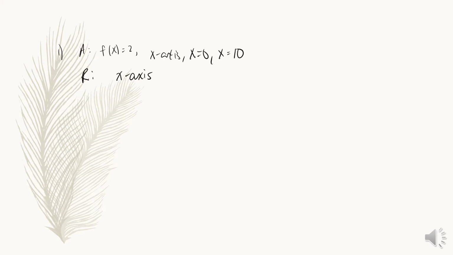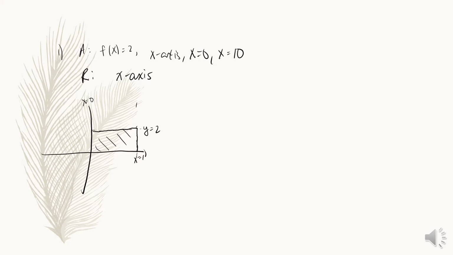So you always want to start with, what does the area actually look like? So we're going to figure out what's the area bounded by f of x equals 2, so that's just a horizontal line. The x-axis, I already have that. X equals 0, that's the same as the y-axis, and then x equals 10. So the area bounded by all of that is this rectangle.